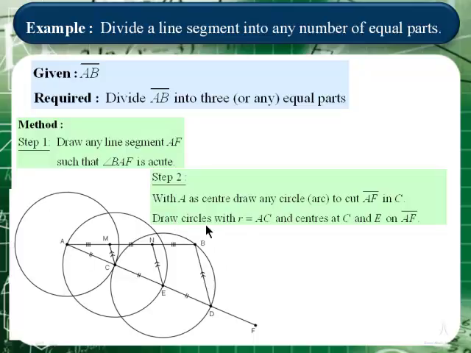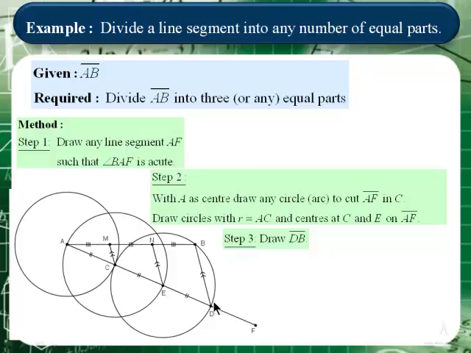Now we know that the circle will have a radius equal to AC. Then with C as center, we draw another arc with that same radius AC to determine the point E, and then with E as center, we repeat the process, drawing again a circle with a radius AC to determine point D. So now we've got these 3 additional points on line segment AF.